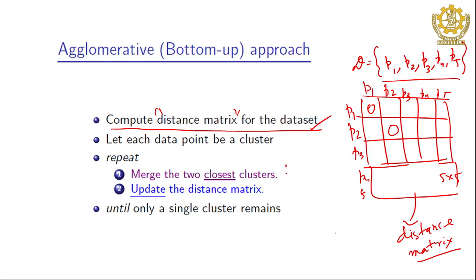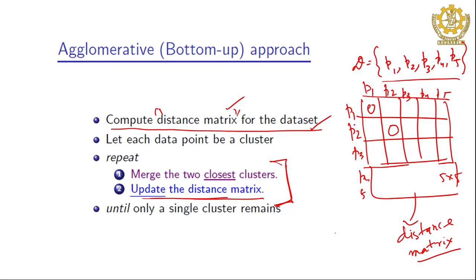Now, this is important: merge the two closest clusters and update the distance matrix. This distance matrix represents the distance from one point to all other points, but it also represents the distance from one cluster to all other clusters, since each point is a cluster.